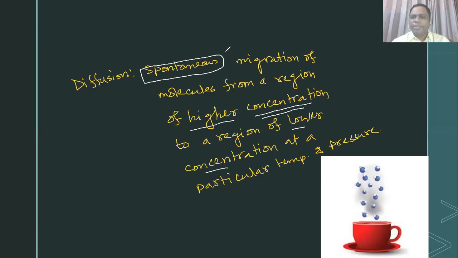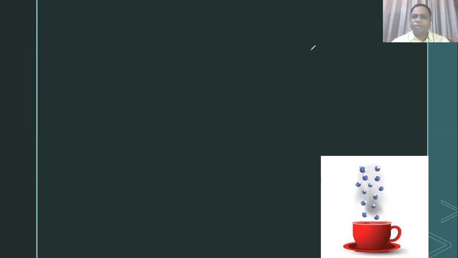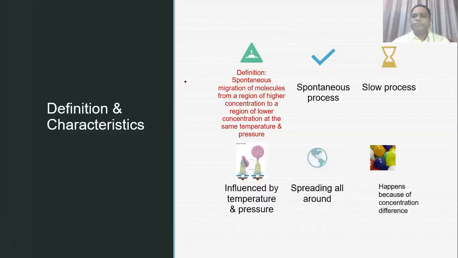We can check some more information on diffusion in our next slides, where you can see this is the definition I shared earlier. It is a spontaneous process and molecules migrate from higher concentration to lower concentration.